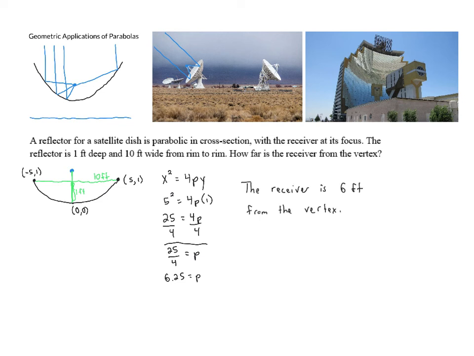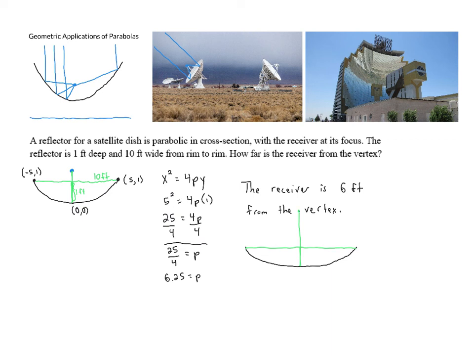So if we were to go and redraw this, I'm actually going to draw it a little bit wider because we know that the rim is 10 feet and we know that that depth is just 1 foot. And since we know the receiver is actually 6 feet away, it's going to be out fairly far.